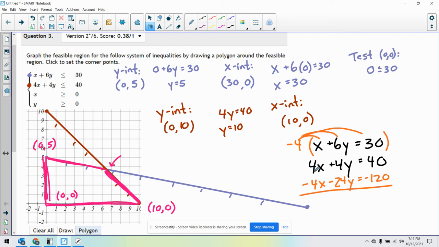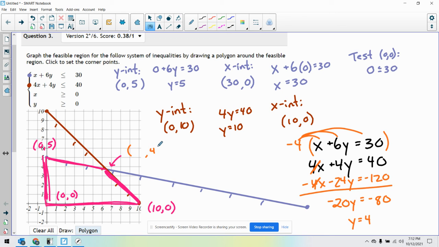Adding the second and third equation together, the 4x's cross out. That's what I wanted. I have 4y minus 24y is -20y equals 40 plus -120 is -80. Solving for y, we get y equals 4, which, I mean, our graph is pretty good, right?